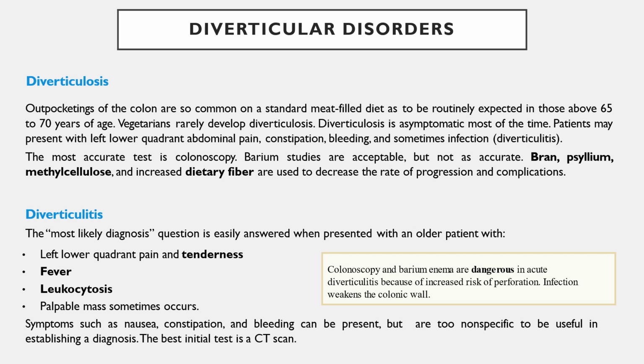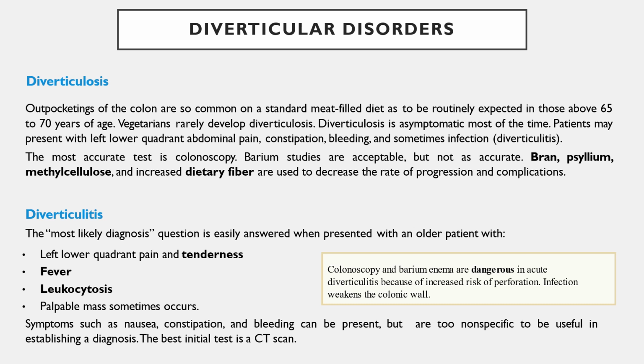Diverticulitis is the most likely diagnosis question and can be easily answered when the patient presents with one of the following: left lower quadrant pain and tenderness, fever, leukocytosis, and sometimes a palpable mass. Symptoms such as nausea, constipation, and bleeding can be present, but are too non-specific to be useful in establishing the diagnosis.